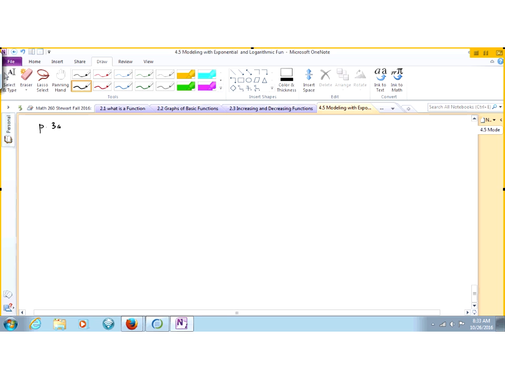Let me write down what it is, because this is pretty interesting. Page 381, number 24. Newton's law of cooling is used in homicide investigations to determine the time of death.